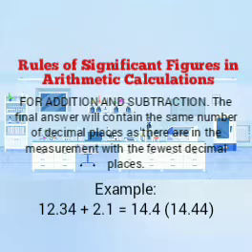Example: 12.34 plus 2.1 is equal to 14.44. But since the number with the lowest amount of decimal places is 2.1 and has only one decimal place, the final answer will also have only one decimal place. So it will be rounded off to 14.4. The same rule will apply in subtraction.